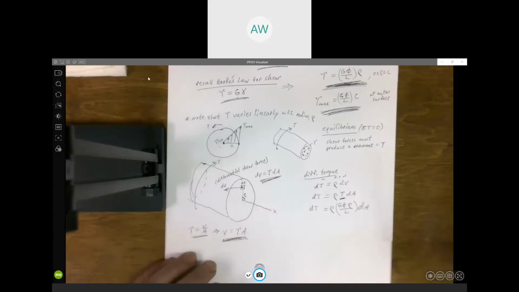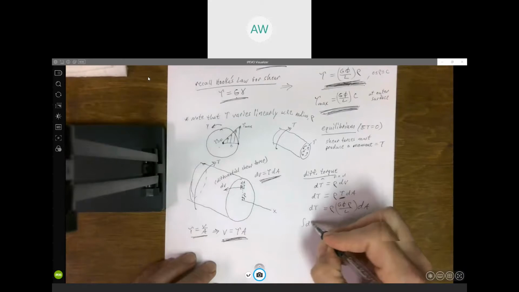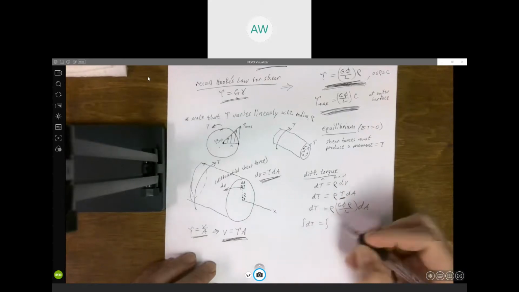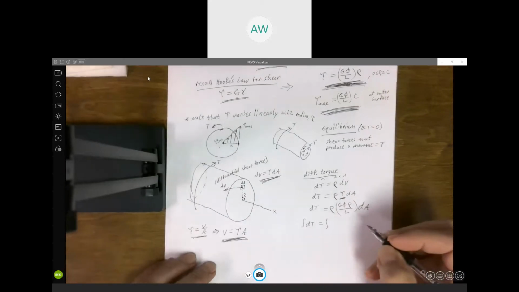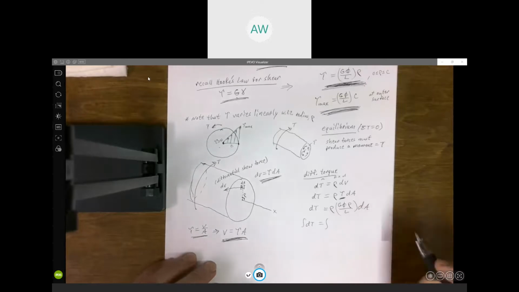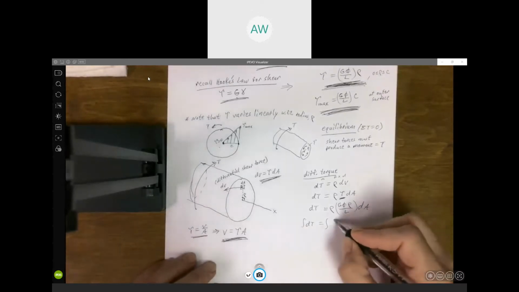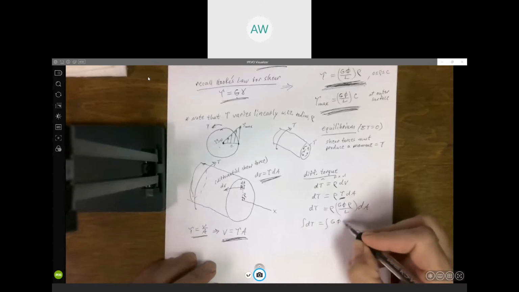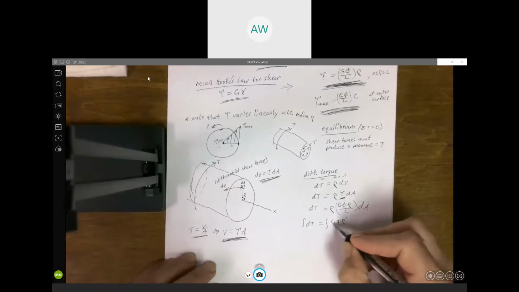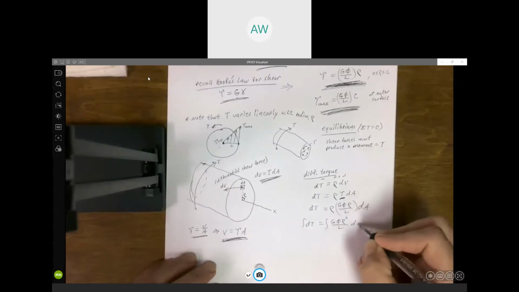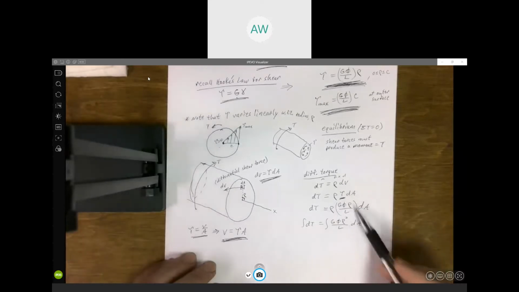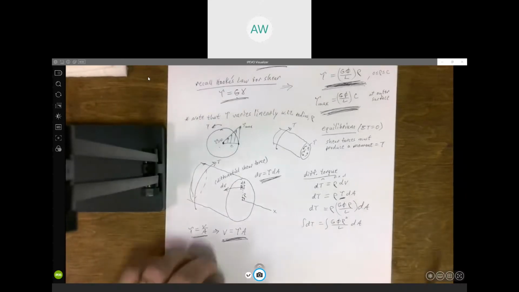Now to get the total torque, we integrate. So we integrate both sides. We'll just write it like this for now: G times phi, and I've got rho squared now, since rho times rho is rho squared.